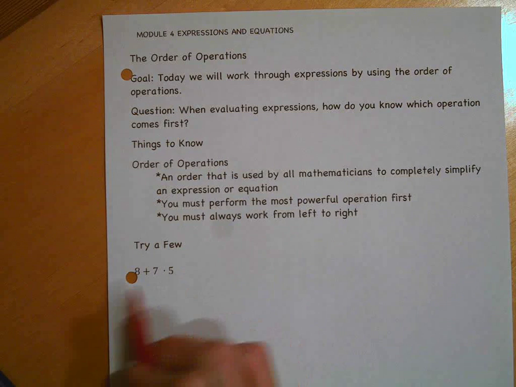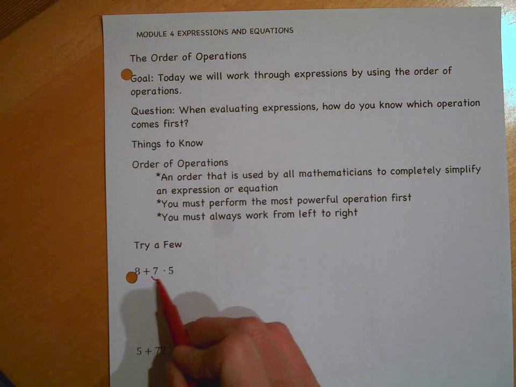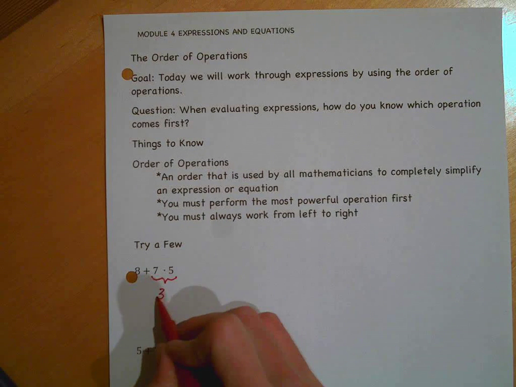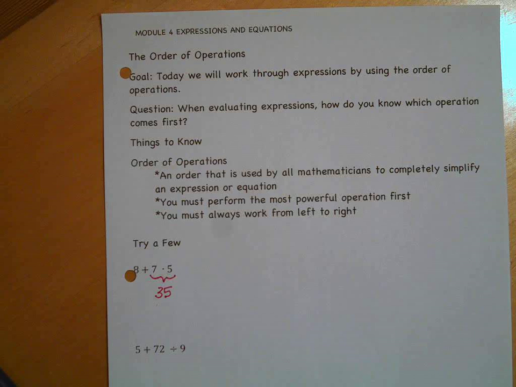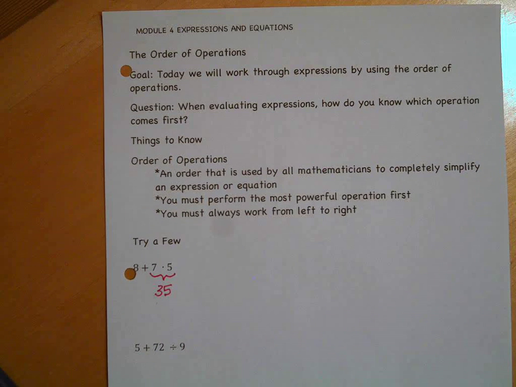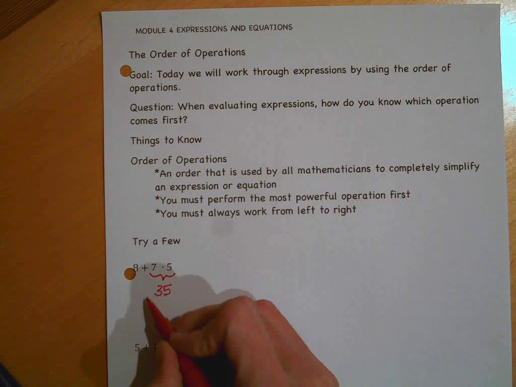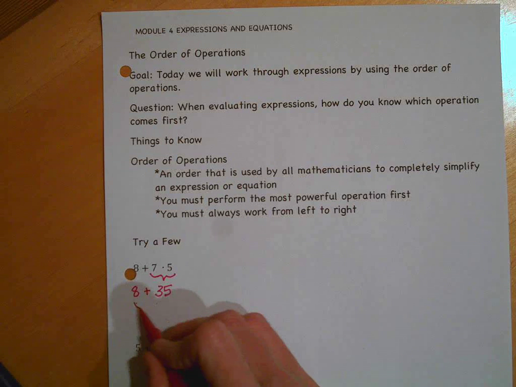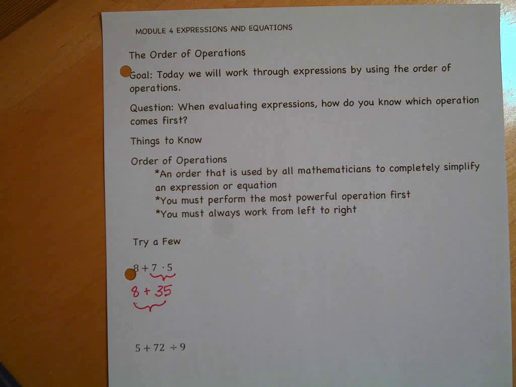So starting on the left, moving to the right, the most powerful operation is 7 times 5. So I now know that 7 times 5 is 35. And then what I do is I bring down whatever I didn't finish. Well, I haven't finished adding 8, so I'm going to bring that down. So now the next step that I would do to finish solving this expression simplification is now I have to add 8 and 35.